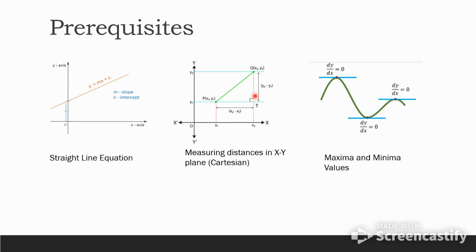The third is, if you could recall from high school mathematics, maxima and minima. For any shape or figure which can be denoted using a mathematical function, how are the maximum and minimum values of these functions usually calculated? A function could have a variety of shapes, concave, convex.